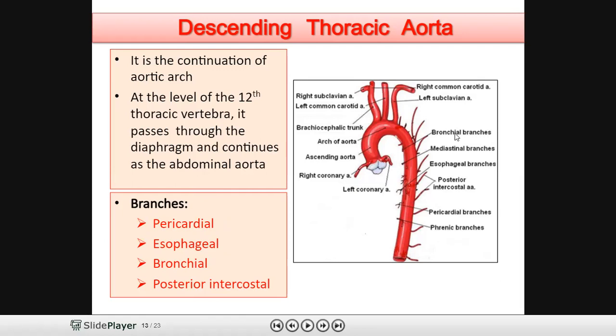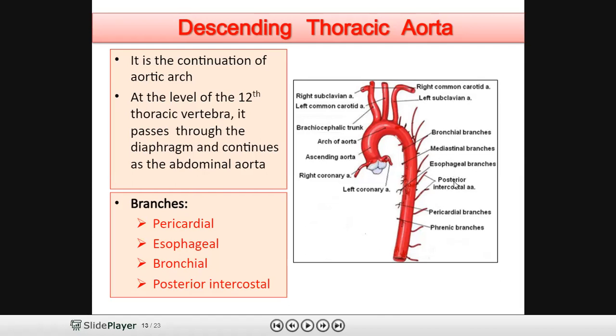So here you find the bronchial branches, which are going to supply the bronchial tree, the main bronchi, and then the segments of each of those bronchi. Then we have the esophageal arteries, which are going to supply the esophagus.